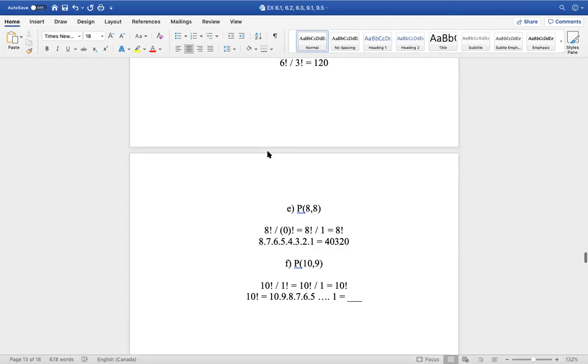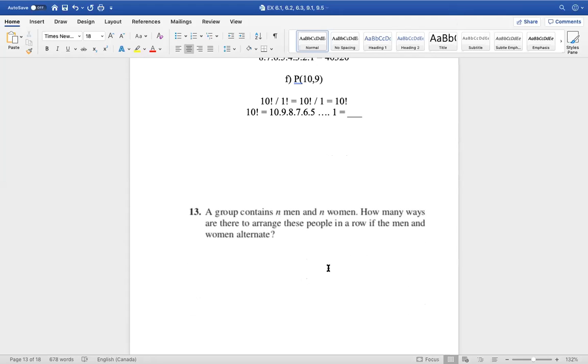Alright, sounds good. Okay, let's move on to the next one. We have a group that contains n men and n women. How many ways are there to arrange these people in a row if the men and women alternate? So here we will say that there are two possibilities, right?